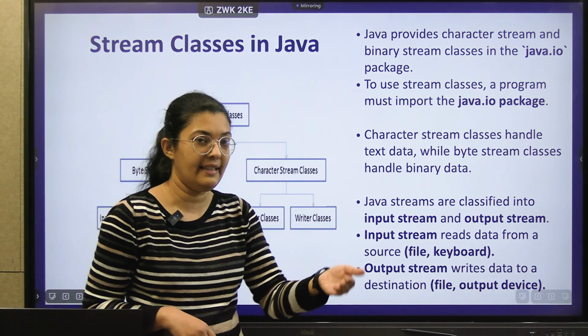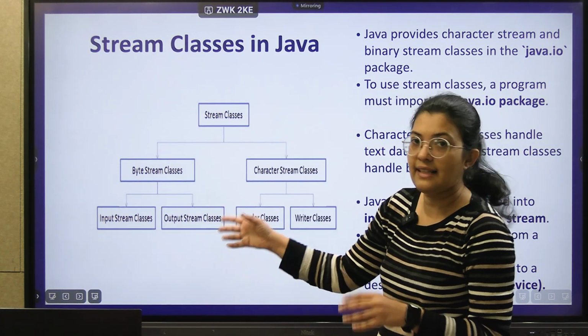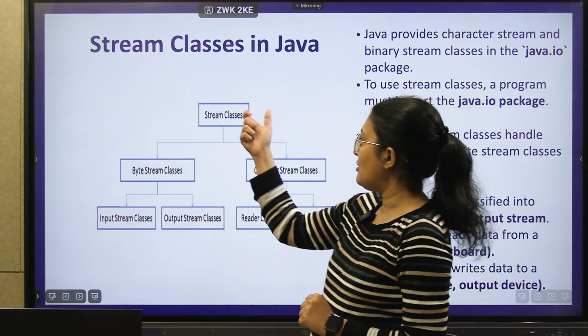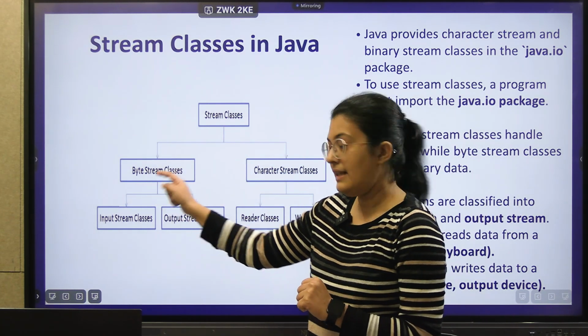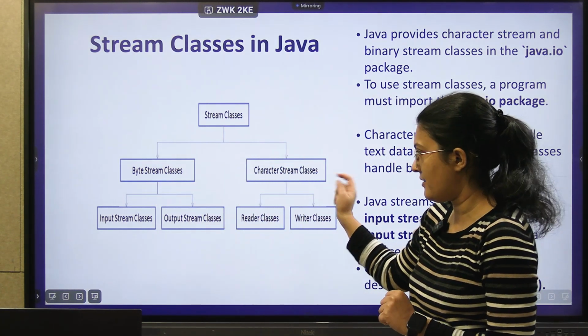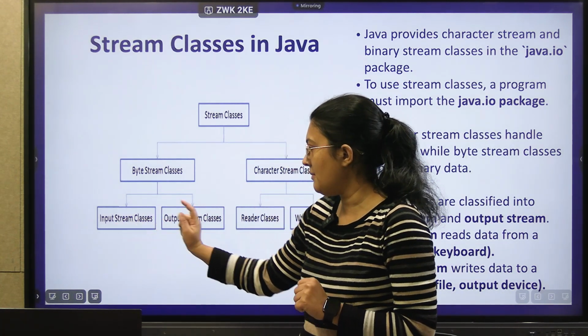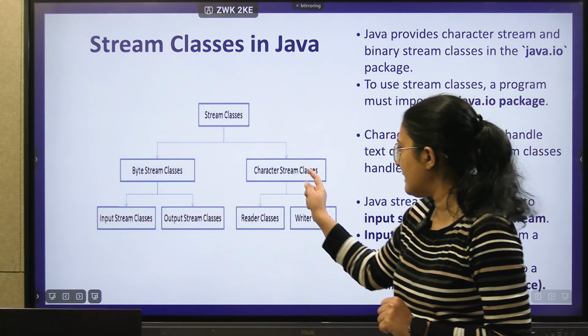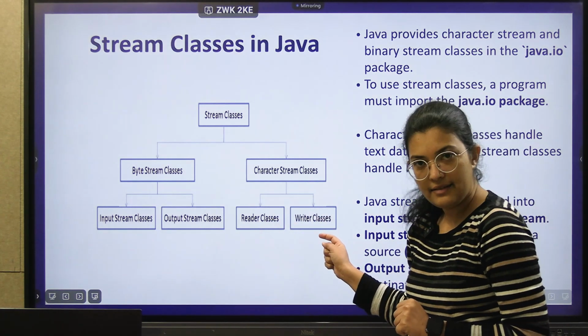Output stream is to write data and input stream is to read data. This is a hierarchy of the built-in classes available. Stream classes are inherited by two: the byte stream and the character stream. Byte streams are handled using the InputStream and OutputStream classes, and character streams are handled by the Reader and Writer classes.